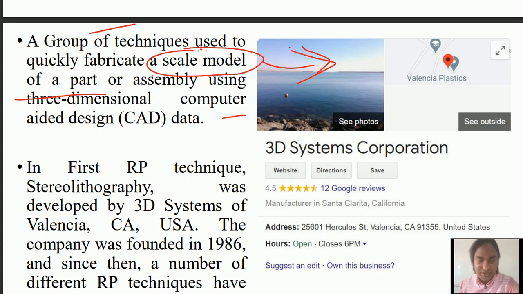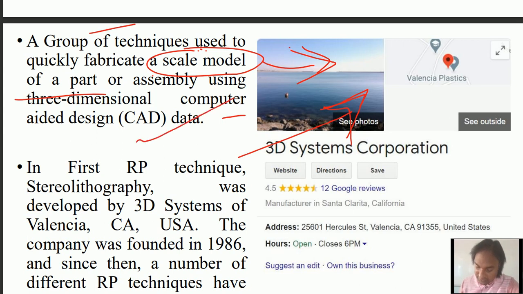And for example, if you are going to make a very small part, like 1 centimeter or 2 centimeters in size, you can also make those parts at a large scale, so that you can easily visualize.